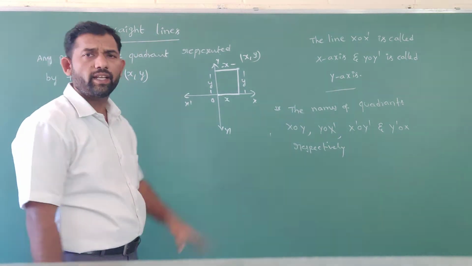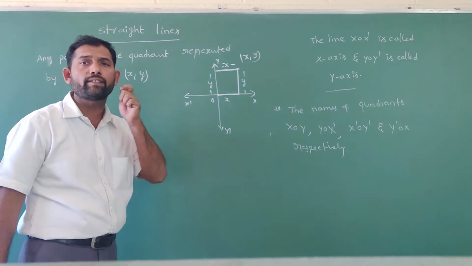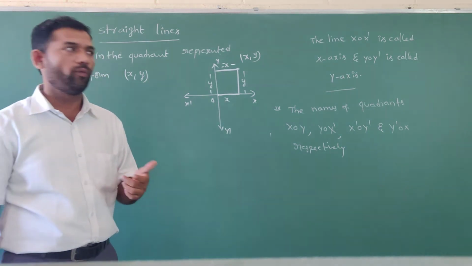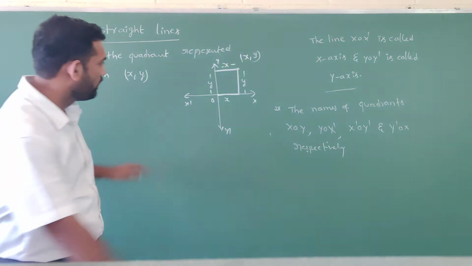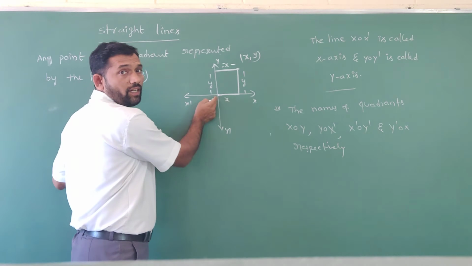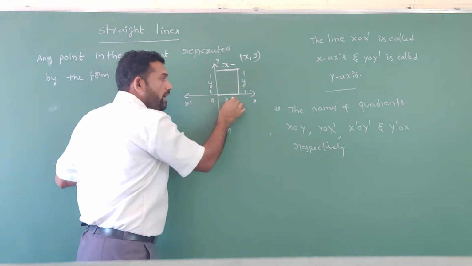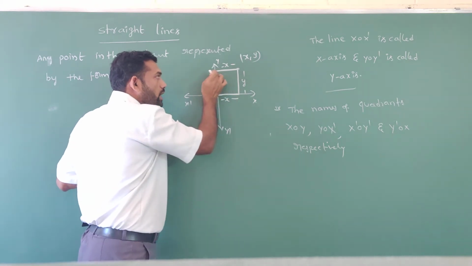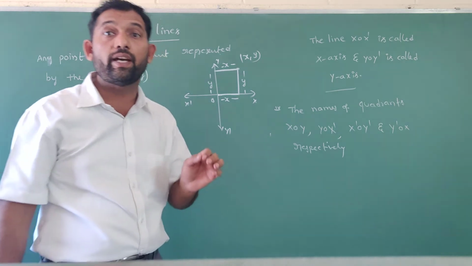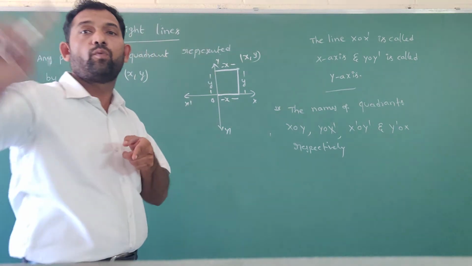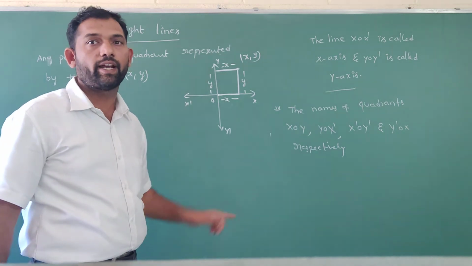Any point in that two-dimensional plane is represented as x comma y, where x denotes the x coordinate and y denotes the y coordinate. You know that already. So how are you measuring that x? From the origin on the x axis, origin to this place is called x. Origin to the y axis is called the y coordinate. The distance is measured from the origin to one side, left or right of the y axis, according to the sides.